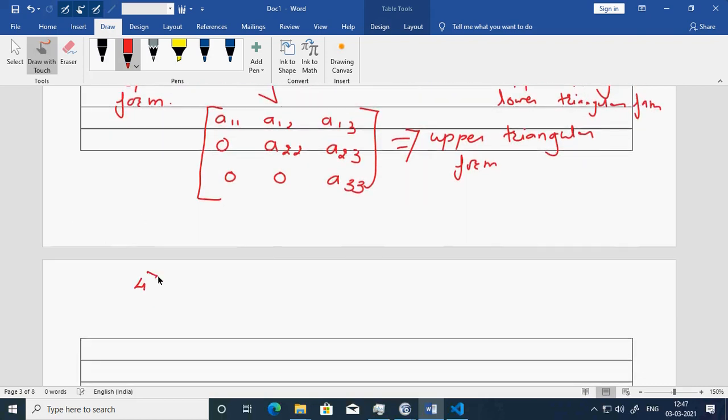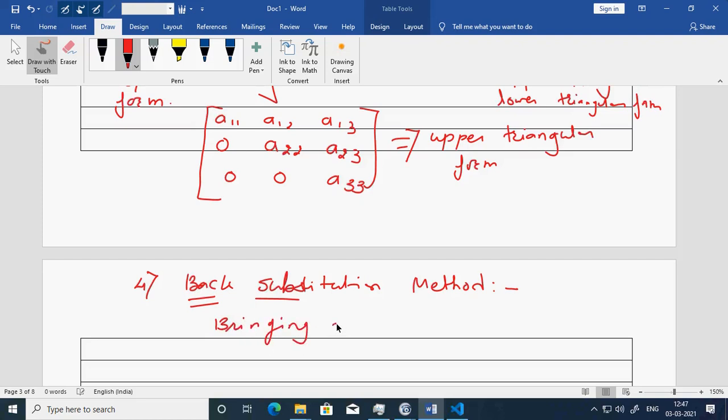The fourth step is back substitution. Back substitution method. Okay, what is the meaning of back? Bringing out lost or eliminated variable.